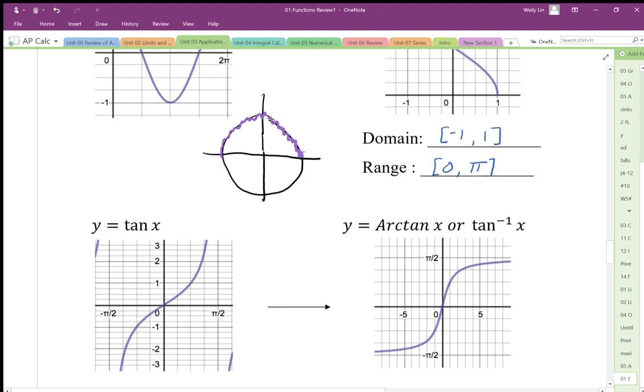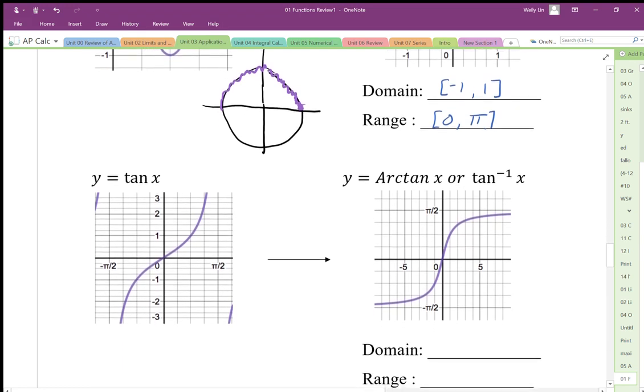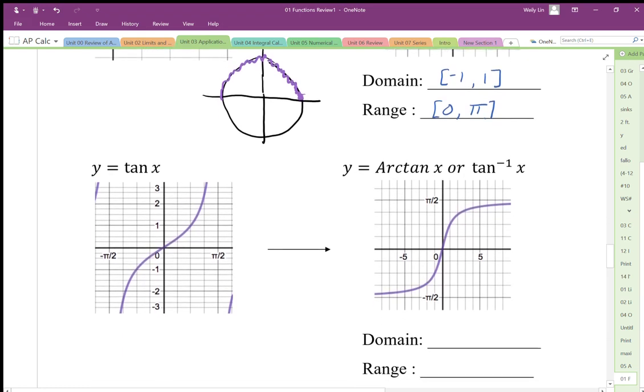And then we have arctan. The domain of the tangent was all real numbers except for -pi over 2 and pi over 2. Periodically we have these asymptotes. But again, we have to trim this function because we can only have one period of it. So my domain, which becomes my range, gets trimmed to -pi over 2 to +pi over 2.